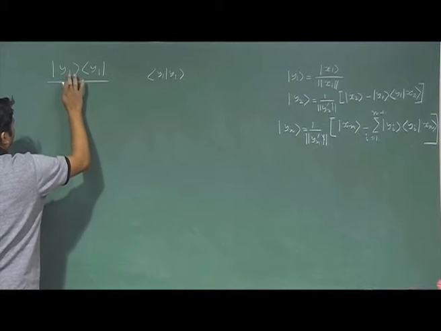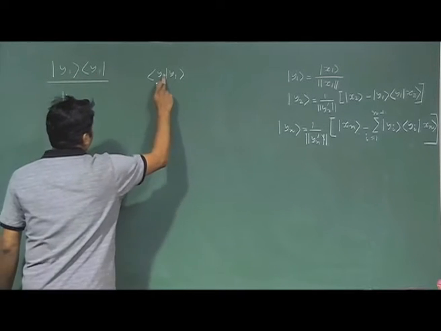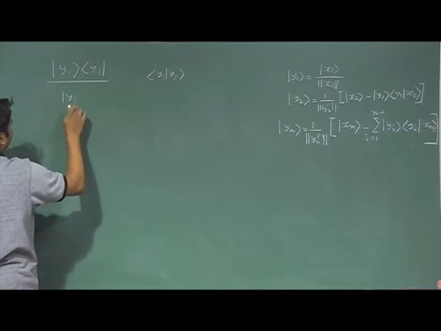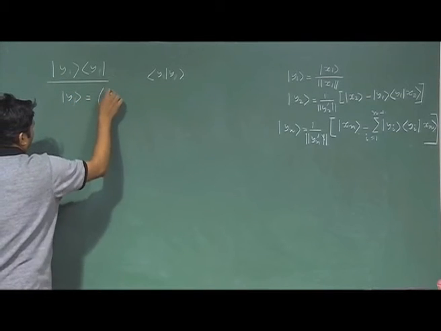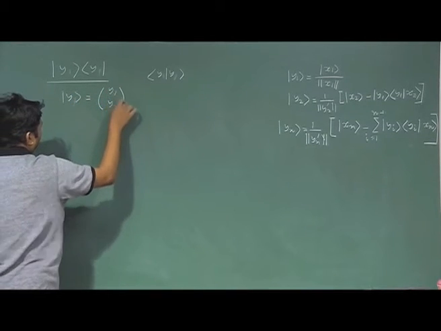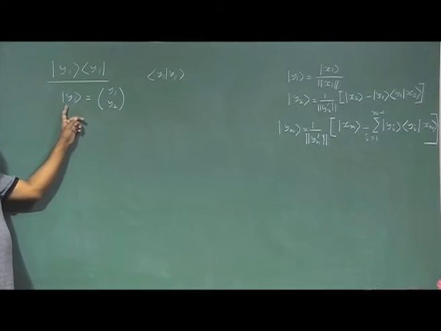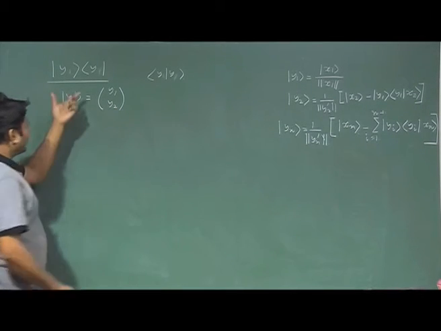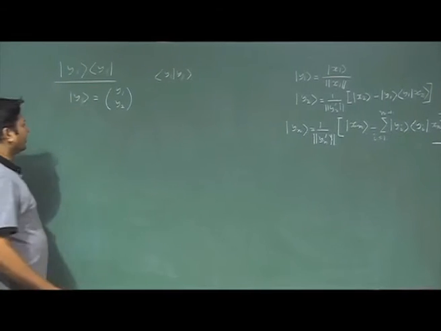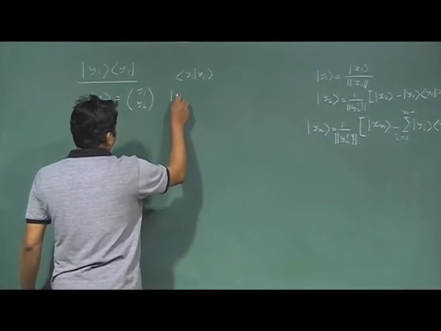Let me write y to make it simple, because I need to use the components. Say y1 and y2 are the two components of the vector y. I need to calculate this notation. What is the meaning of this notation? First I need to find out.